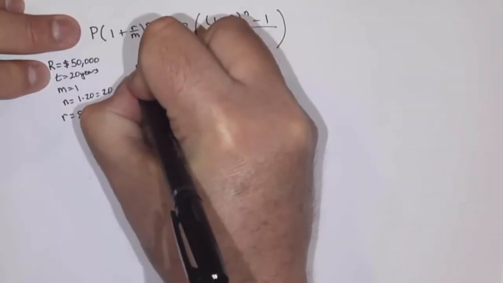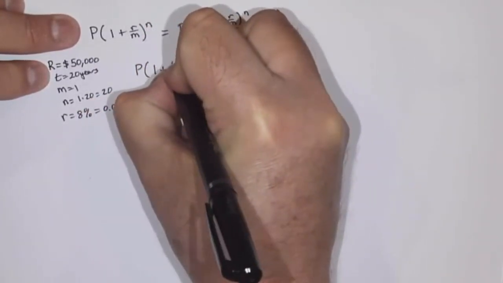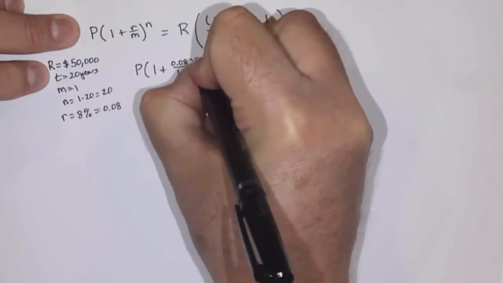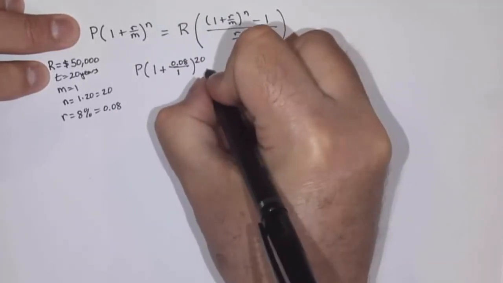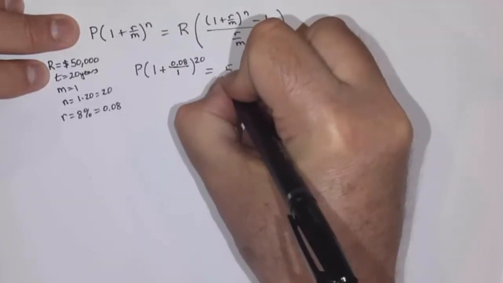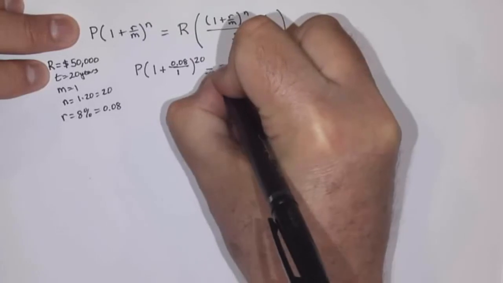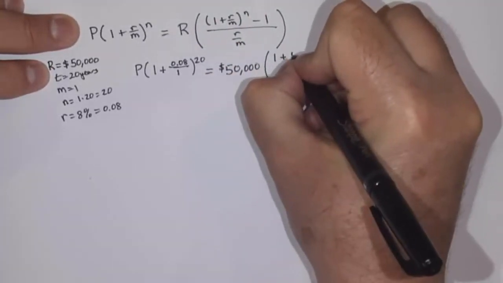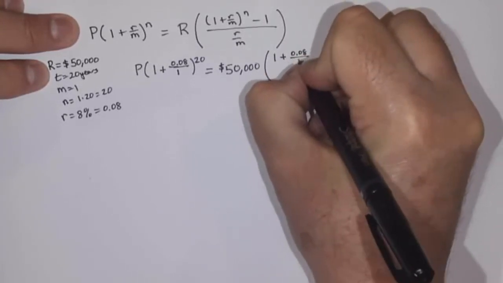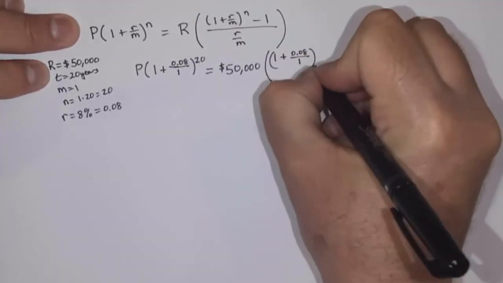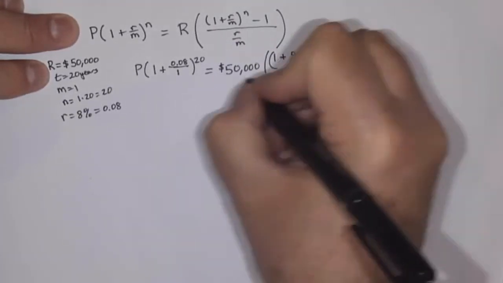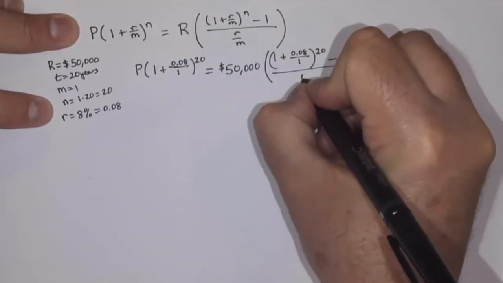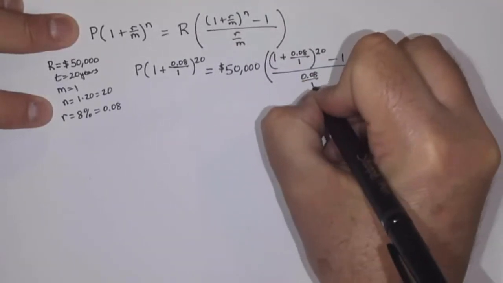So P times (1 plus 0.08 divided by 1) raised to the 20th power is going to equal R, which is $50,000, times ((1 plus our interest rate, 0.08 divided by 1) raised to the 20th power, because that's what N is, minus 1) over 0.08 divided by 1.